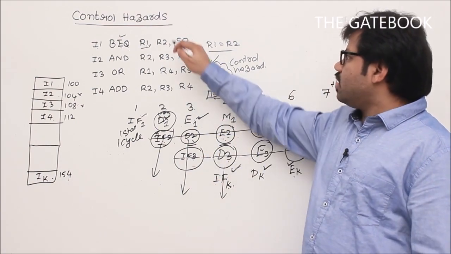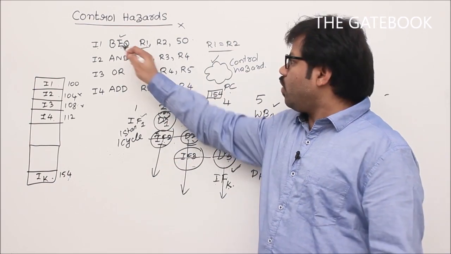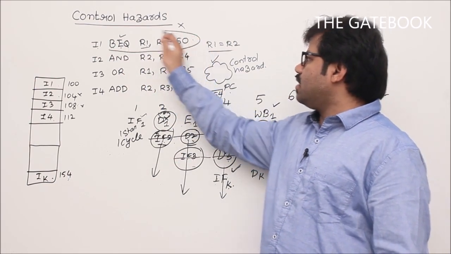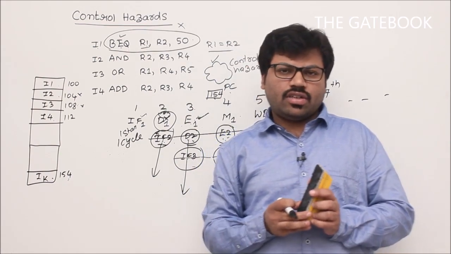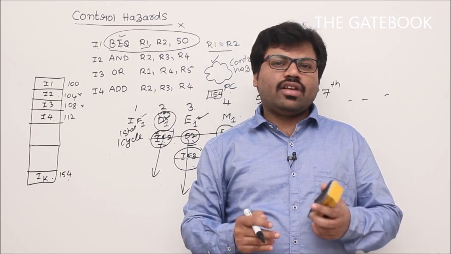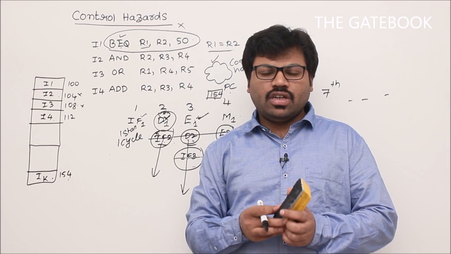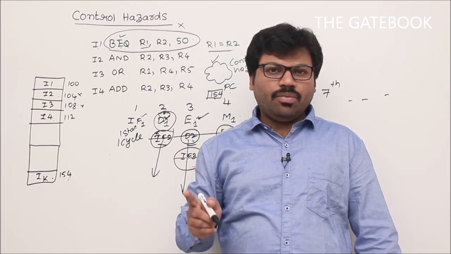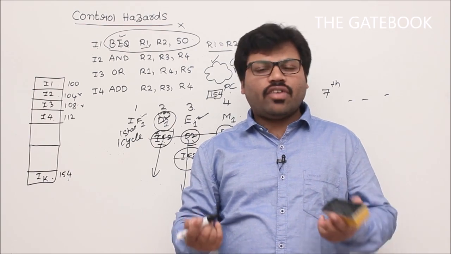So can we avoid these control hazards? We can't, because without seeing this branch instruction, how can you say whether it is successful or unsuccessful? Let me ask one question. In C programming, let's say you have an if condition. Will you know whether that if condition is going to be successful or unsuccessful? If I know that, why would I write the if condition?